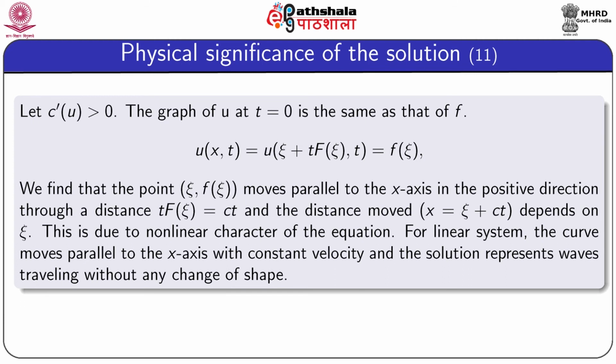Therefore, due to the nonlinearity, if there is a disturbance in the xu plane, as time goes, there will be a distortion of the shape of the wave, and that will result in a shock wave, and this is due to the nonlinear character of the equation.